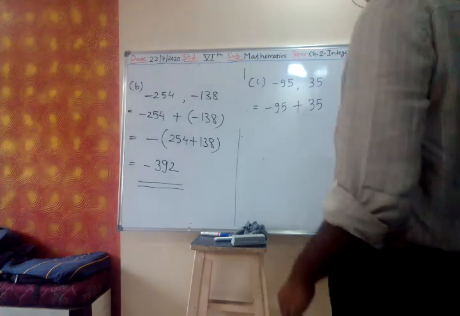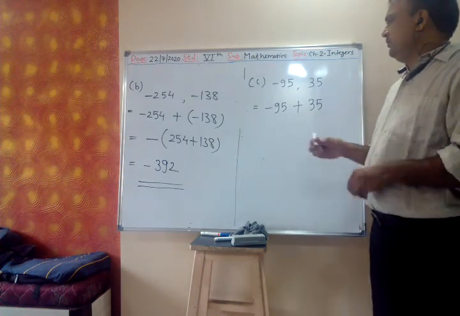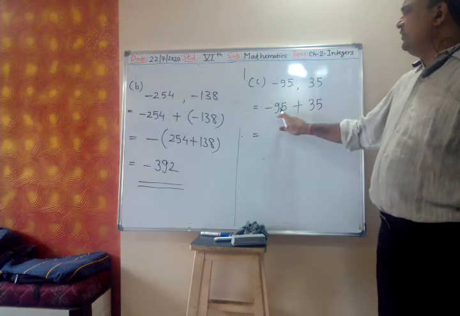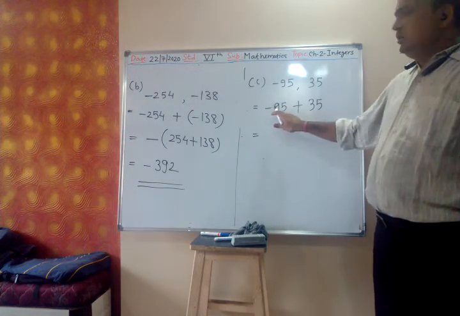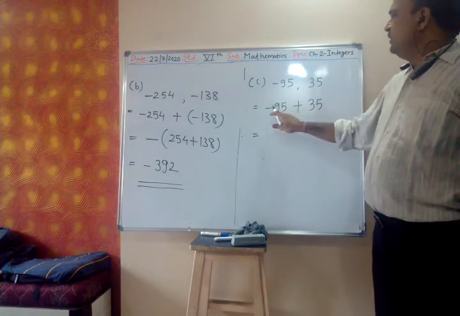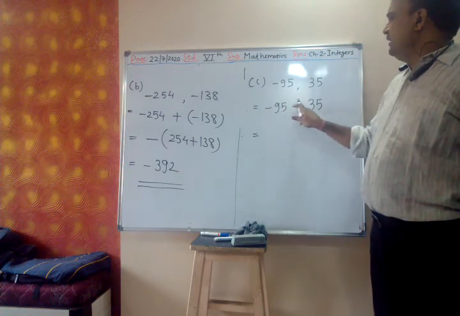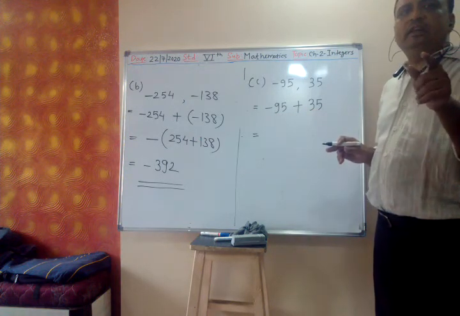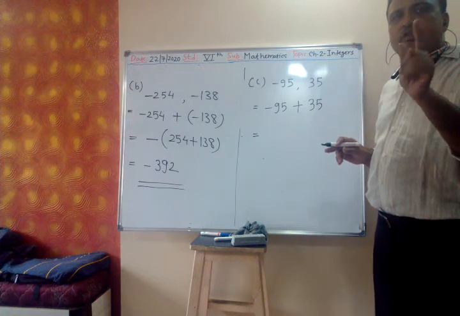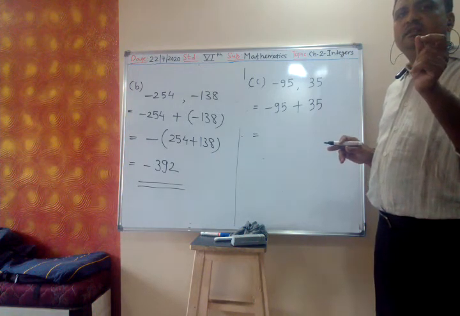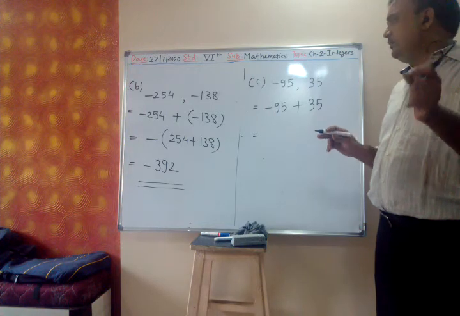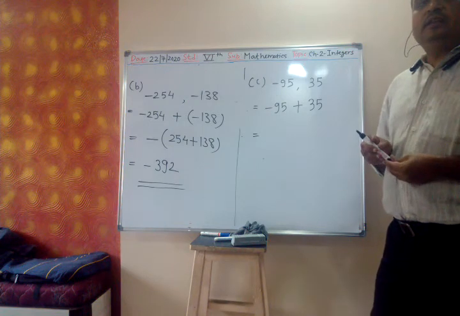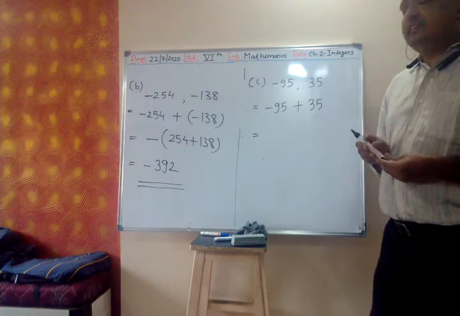Now what is sign of 95? Minus. What is sign of 35? Plus. So sign of 95 is minus, sign of 35 is plus. They have opposite sign. So whenever you have opposite sign, you have to subtract smaller number from bigger number and take the sign of bigger number.